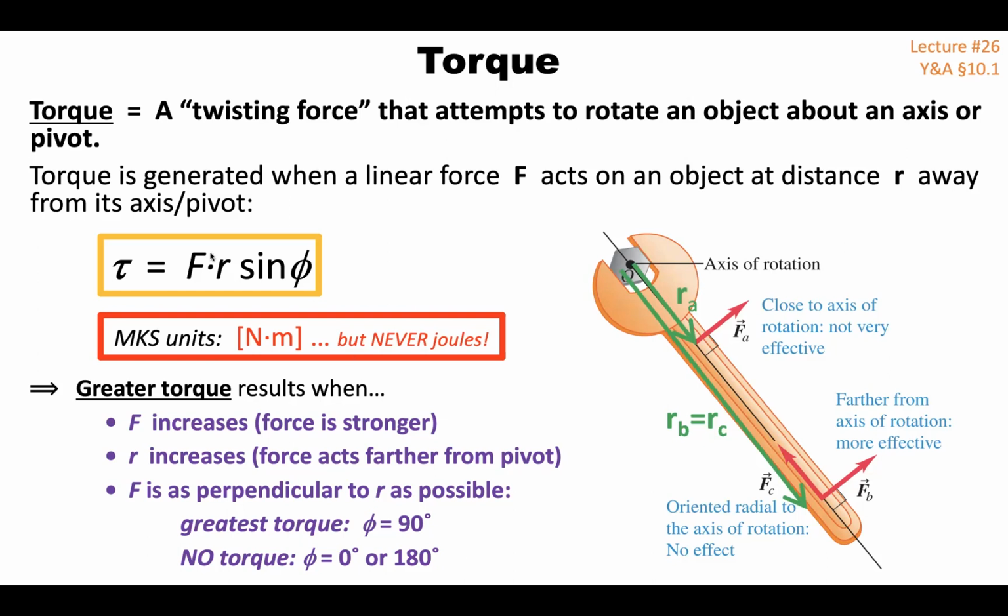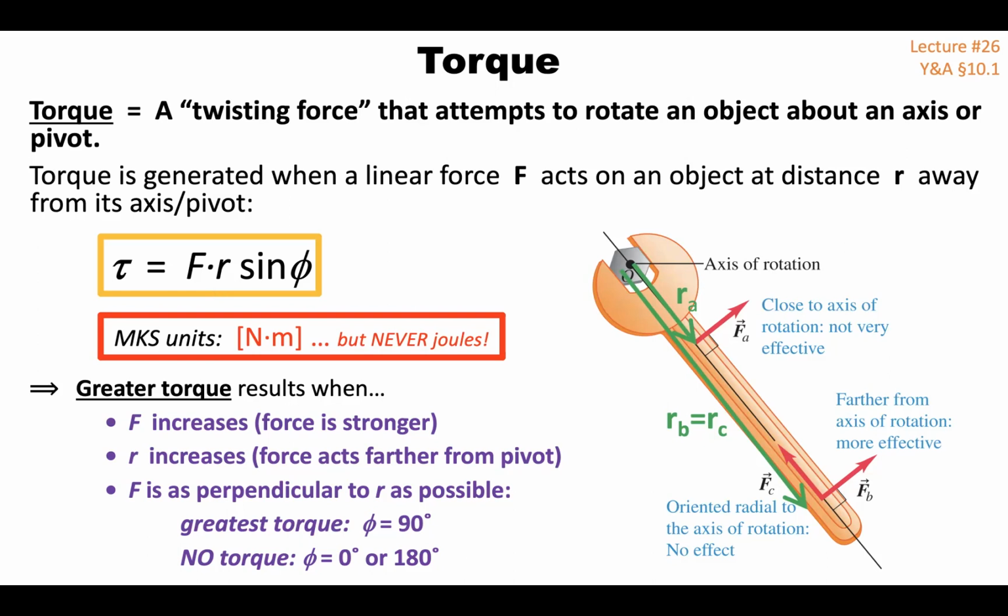When we break down this equation a little bit, we can see that we get more twisting force or more torque when, of course, the force is stronger. That increases our value of F, or the value of r is increased. Another way of saying this is the lever arm is larger, although I'm not using the quantity of lever arm itself in this definition here.